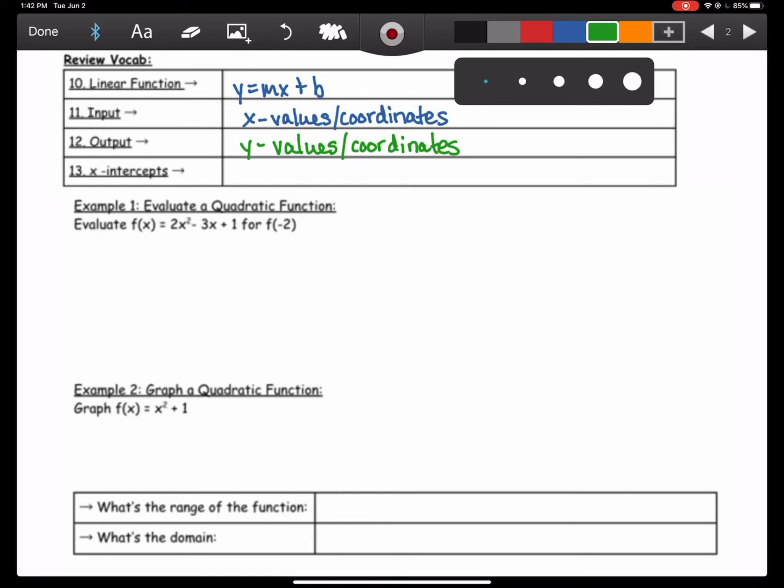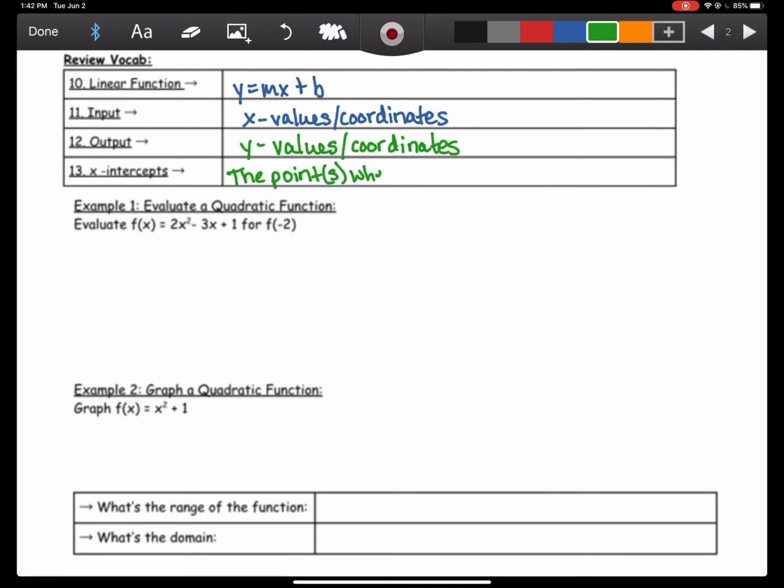So we're going to write, again, the point or points where the graphed image crosses the x-axis, also known as the zeros, okay, which we said once already today.